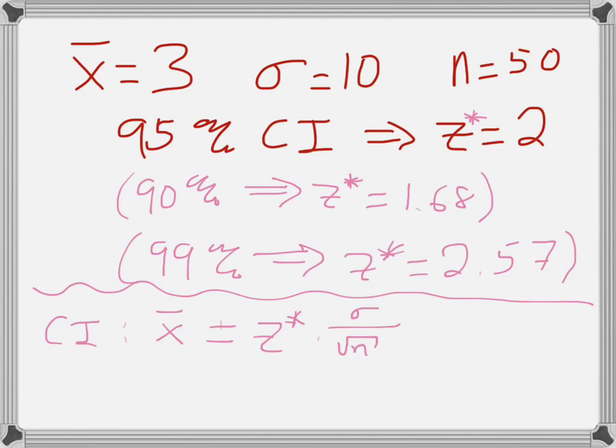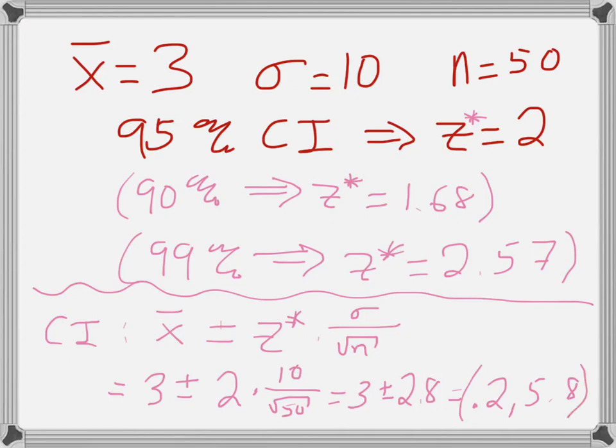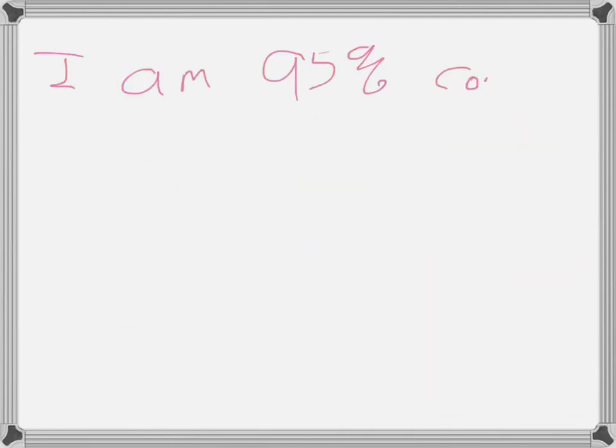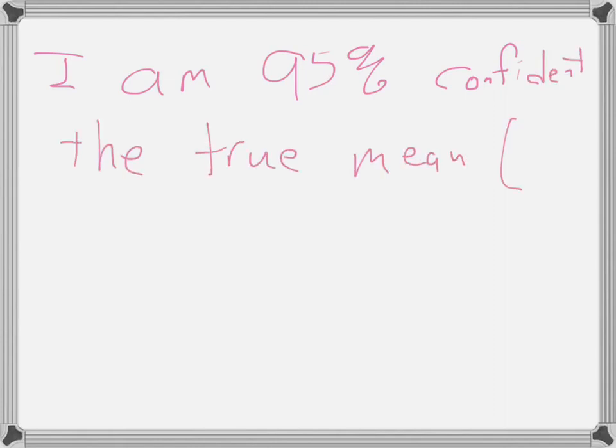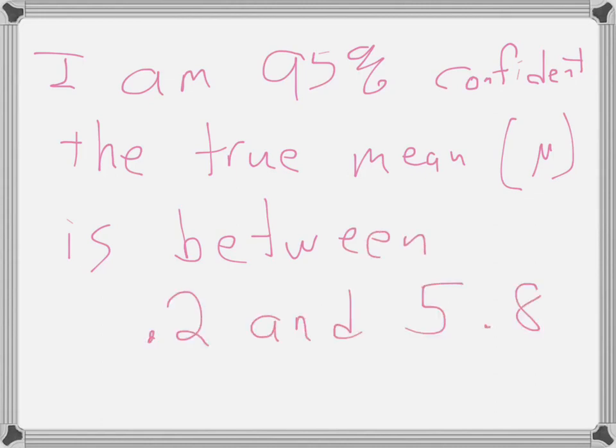From here on out, it's plug and chug time. 3 plus or minus 2 times 10 over square root 50. That's 3 plus or minus 2.8, which means we're 95% confident the true mean, mu, is between 0.2 and 5.8. And then we need to add context to this.